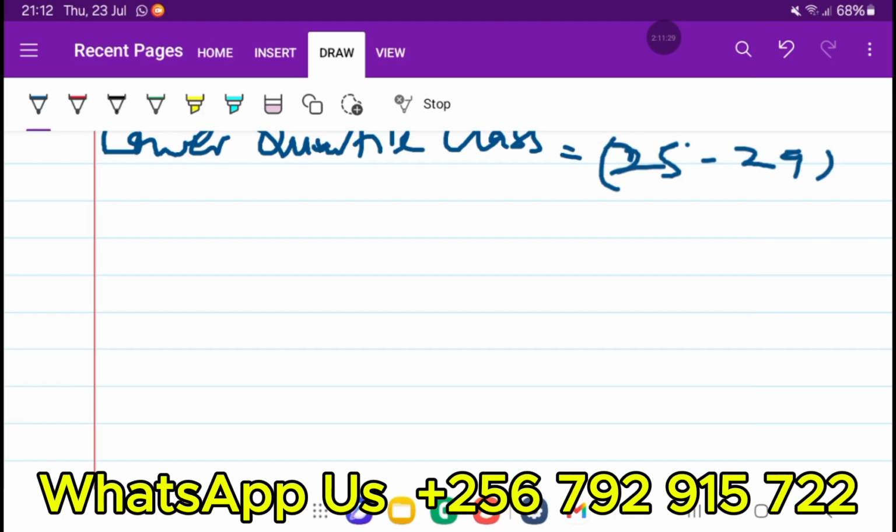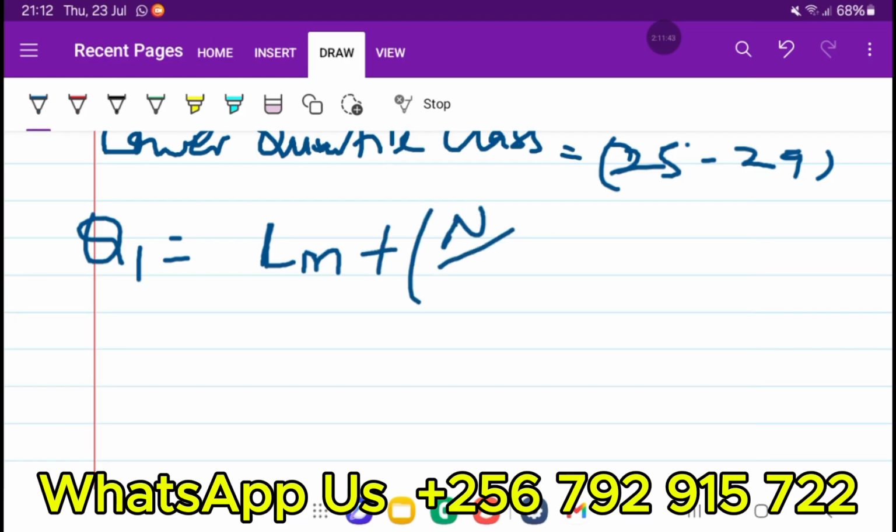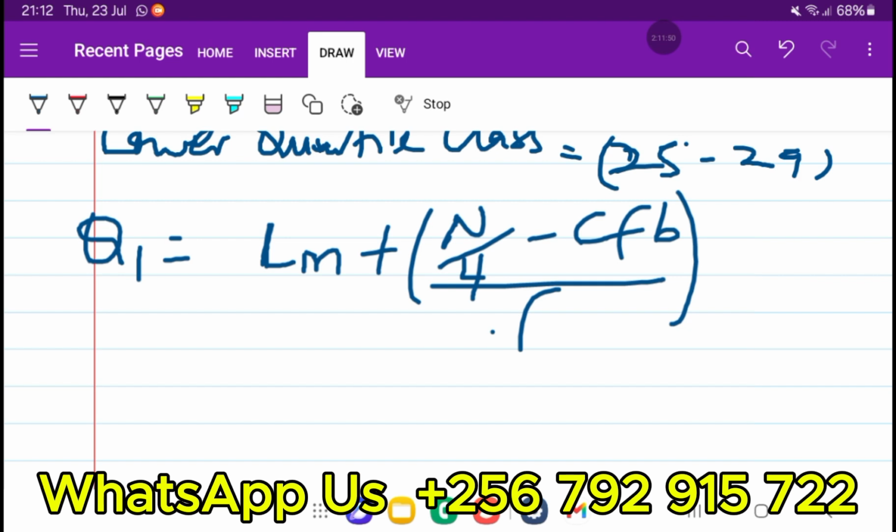And we said the Q1 is equivalent to the lower class boundary of the lower quartile class plus n over 4 minus the cumulative frequency before, over the frequency of that lower quartile class, times the i, that is the class interval.